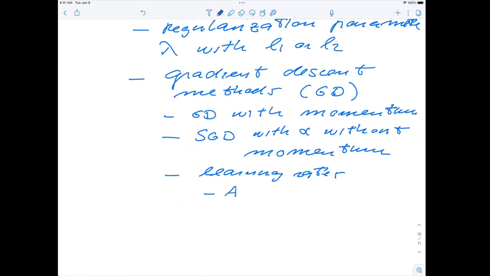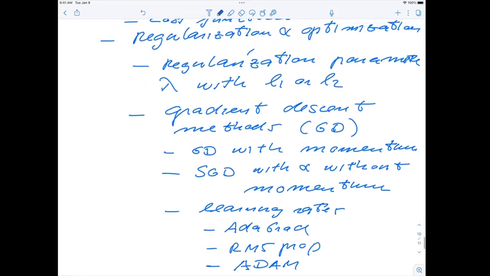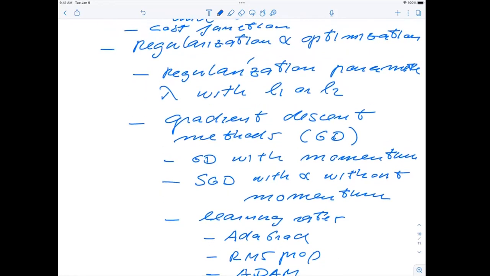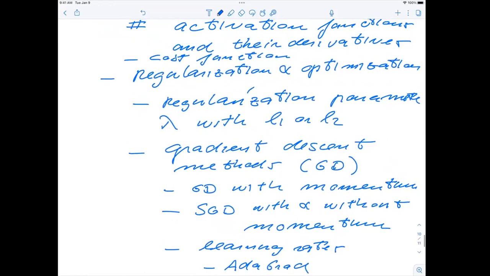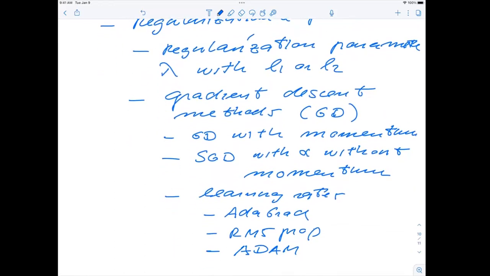But normally people would use AdaGrad or root mean square propagation, which we discussed before the break, and Adam, which is adaptive learning rate with momentum. So these are some of the most common methods. So when you are setting up the code now, try to think of how to structure it in terms of things which are unique to the specific network and define your model, and at the same time, methods for optimizing the cost function.